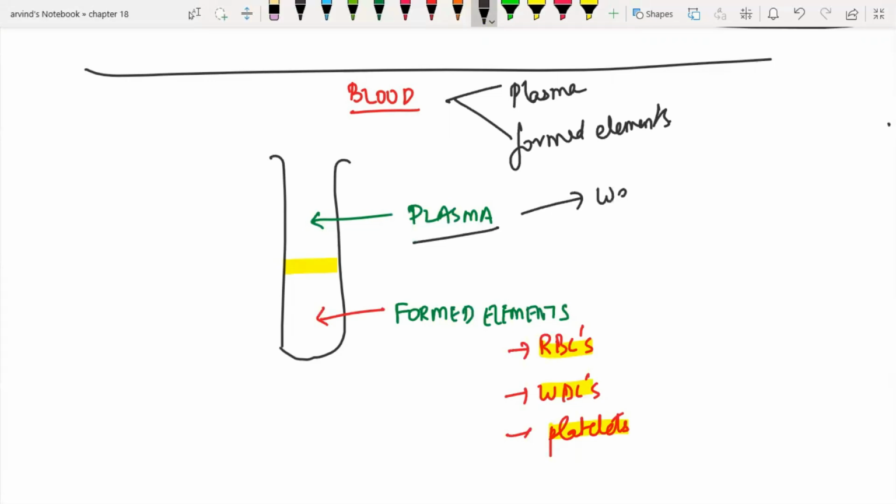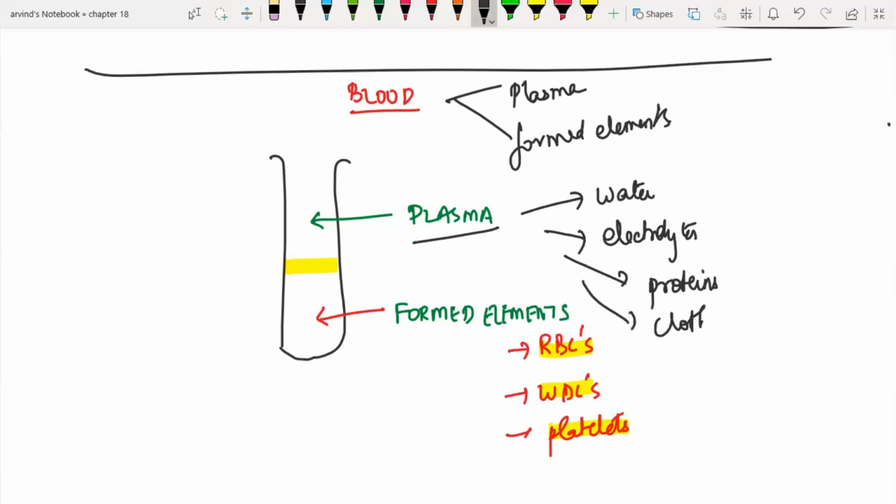So it contains water, electrolytes, proteins, and other substances like your clotting factors. Almost every single substance that flows in the blood is going to be related to the plasma. Almost all substances that travel are going to be a part of plasma.